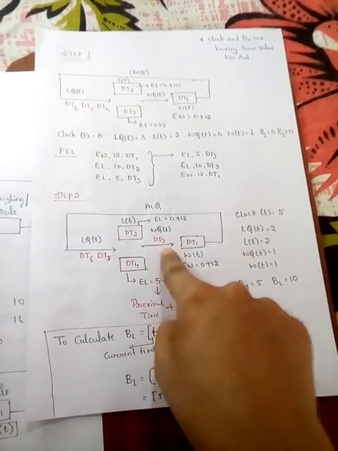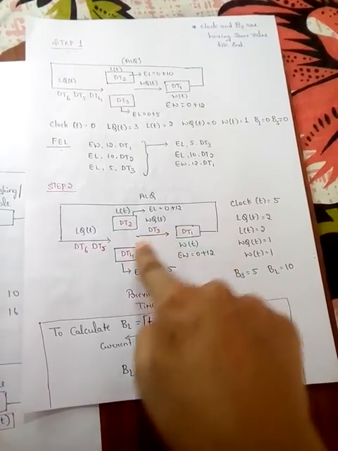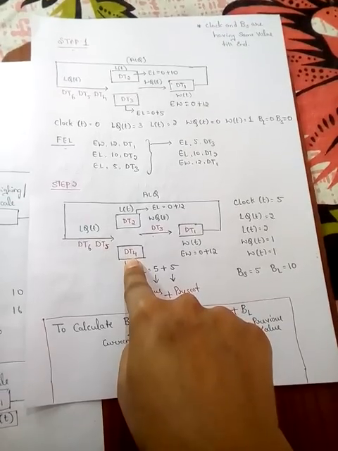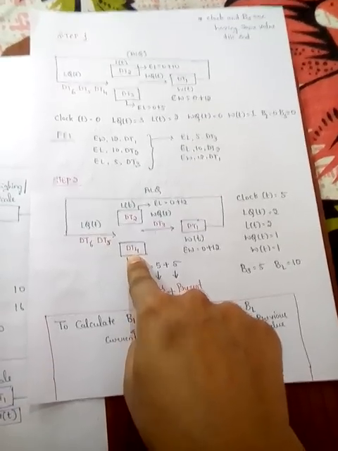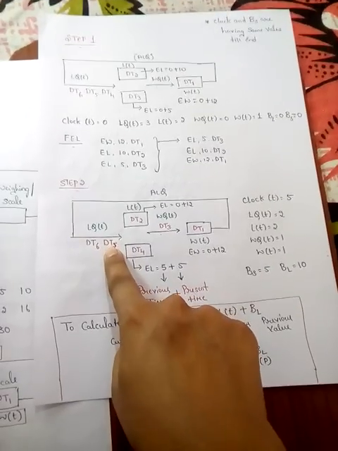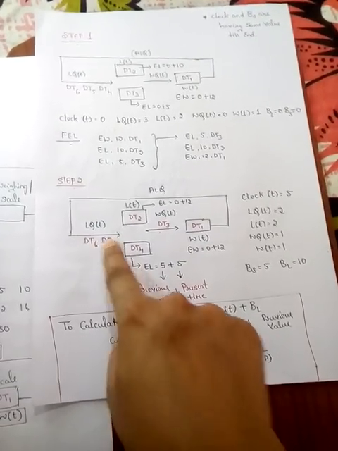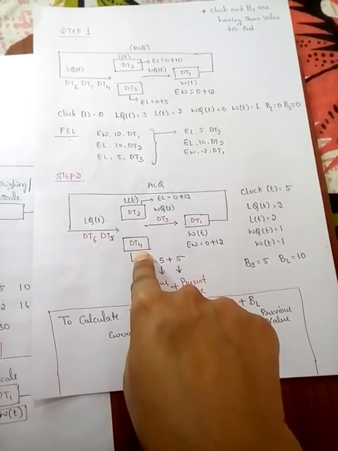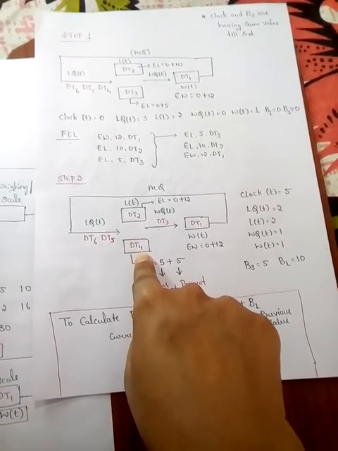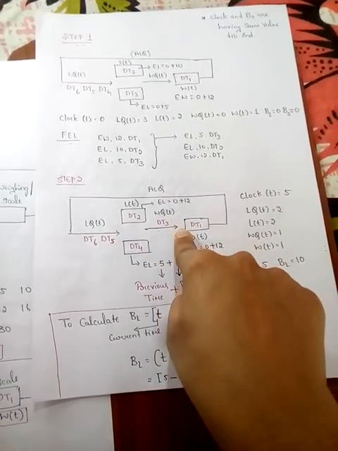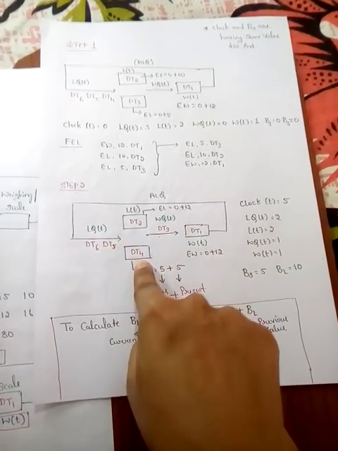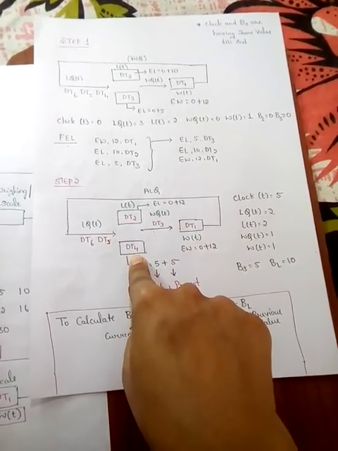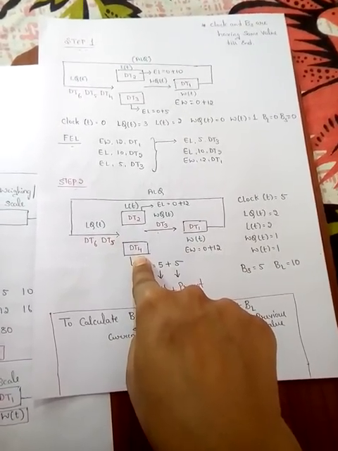Now when DT3 moves to the weighing queue, this second loading point will be left empty, so it will be filled from the loading queue. The previous loader was DT3. Now DT3 is moved to my weighing queue, so DT4 will occupy the second loading point.